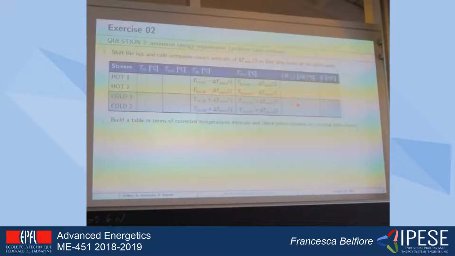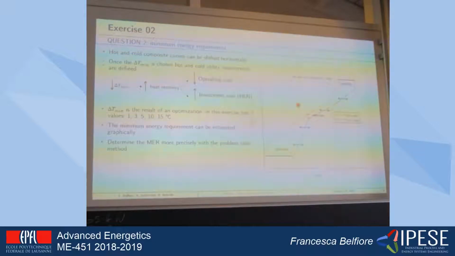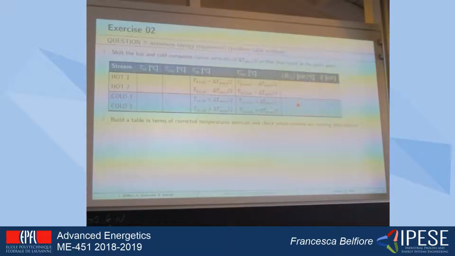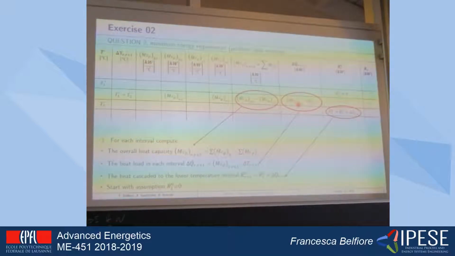Doing that, if we go back to our curve, the two curves will touch at a point which is the pinch point. Then you have all the temperatures corrected of your process.